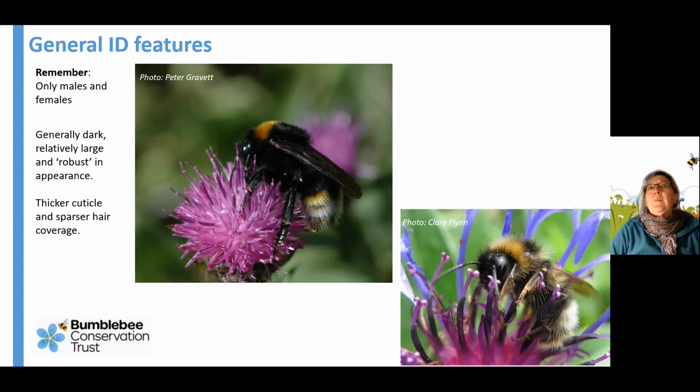So the females are built to fight really and take over the nests. They are quite big, strong bumblebees, and they appear robust. The cuticle is very noticeable because their hairs tend to be quite sparse. And you can often see that black integument shining through, and it is actually very thick to protect them from stings during fights.